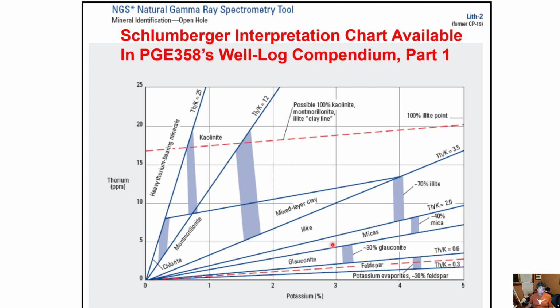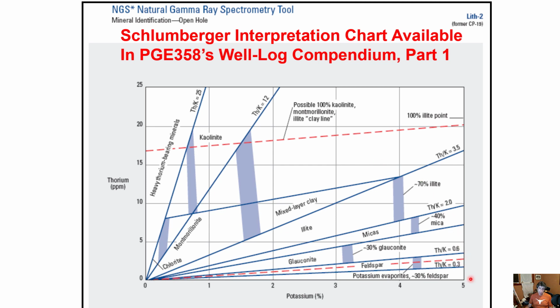And if the potassium becomes extremely high compared to the volume of thorium, then that means your grains have an abnormally high concentration of potassium. This is no longer clay land. In fact, these red lines that you see here are sort of the boundary between clay land and not clay.